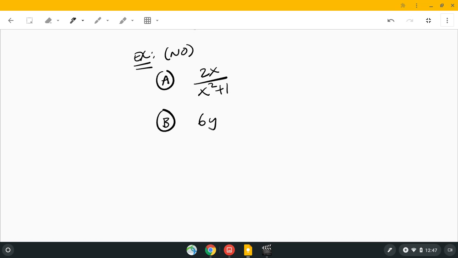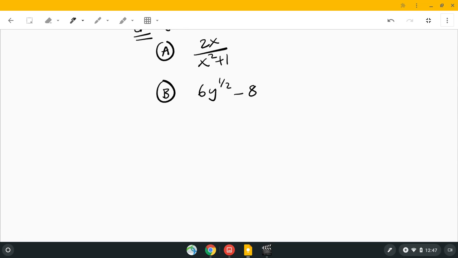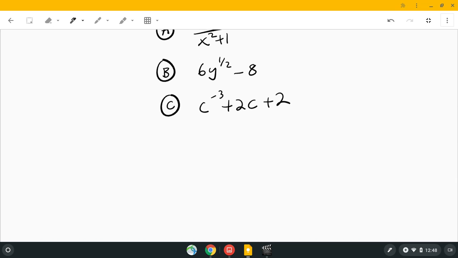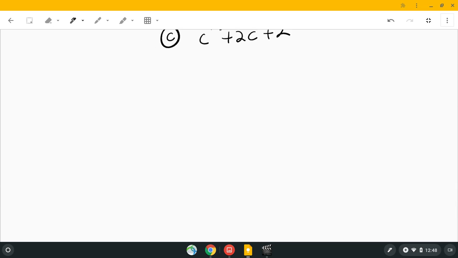This one, 6y to the 1/2 minus 8, is not, because we can't have fraction exponents. And this one here, c to the negative 3 plus 2c plus 2, is not, because we can't have negative exponents. No fraction exponents, no negative exponents.